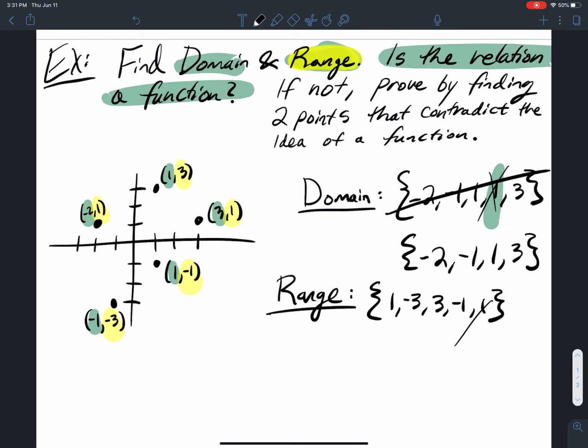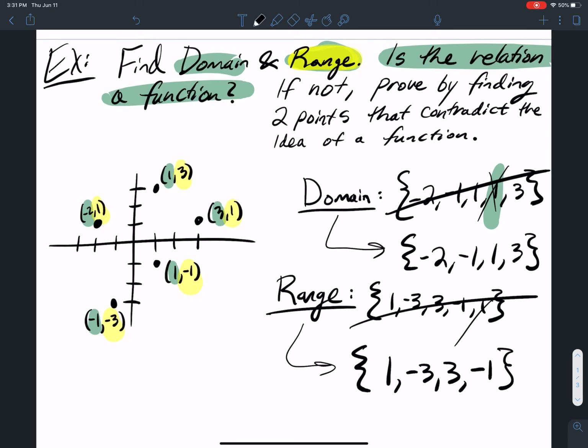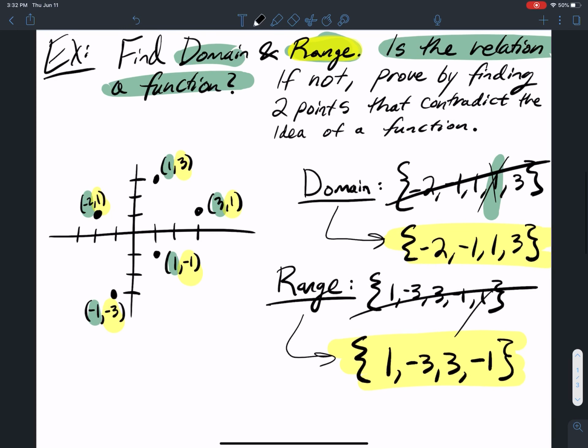Yeah, it looks like there's a 1 here, and there was already a 1 there, so I don't need to write that twice. So my range is 1, negative 3, 3, and negative 1. Okay? If you want to write it in order from least to greatest, that's fine by me. I don't care. Just get it all in there and don't repeat them. Once you have it written once, you don't have to write it again.